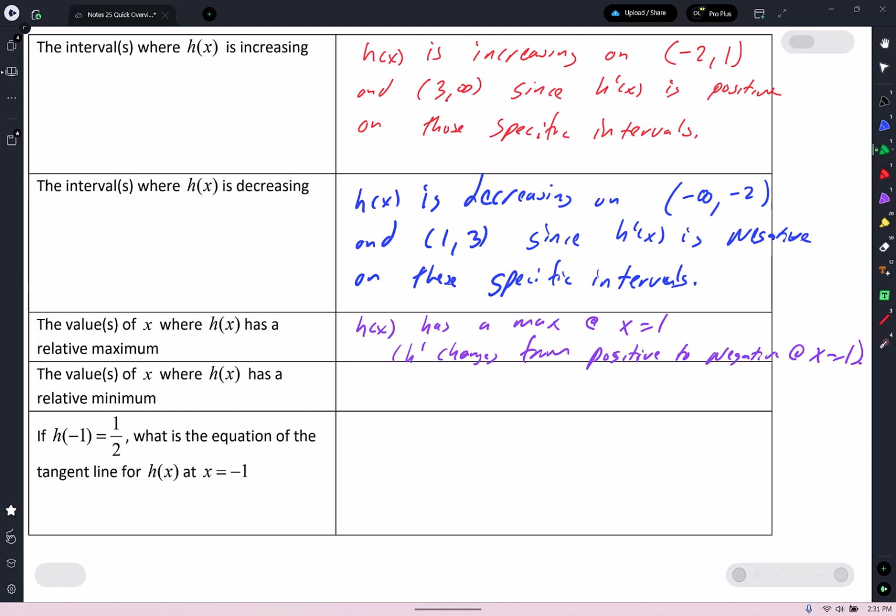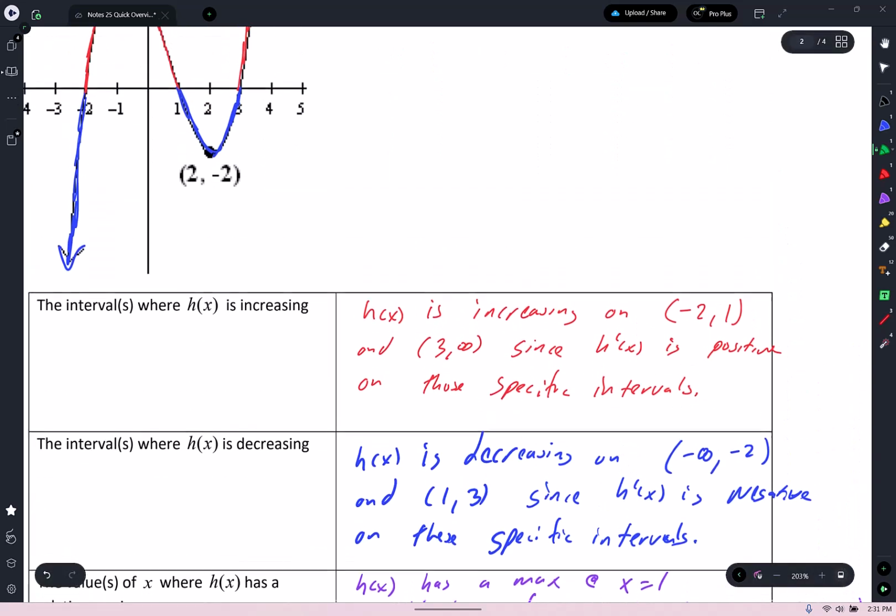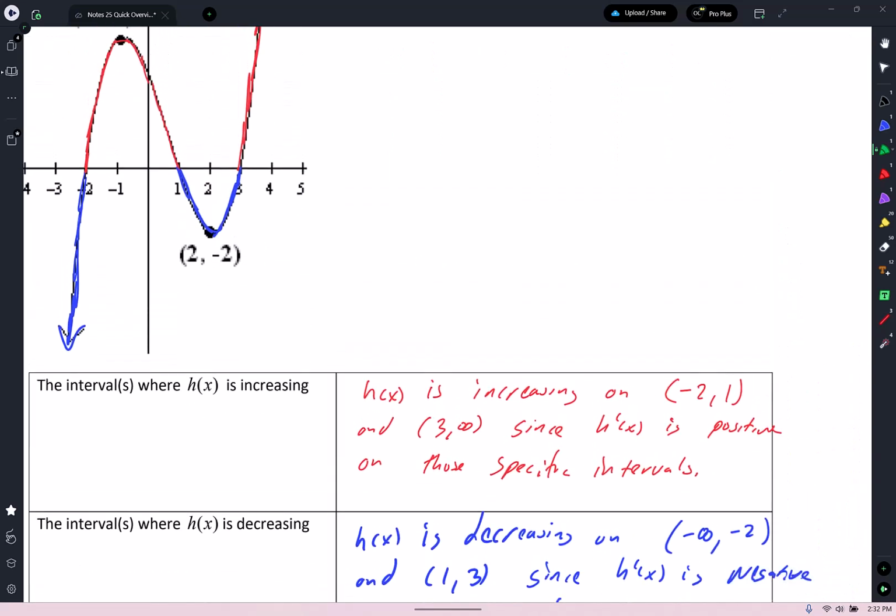The value of x where h of x has a relative min. I have a min where my derivative changes from what to what? And that happens where? Negative 2 and 3. So there it is.